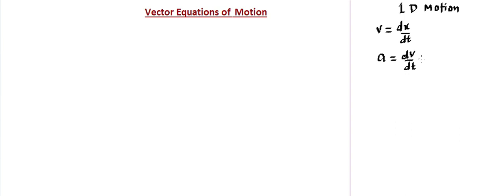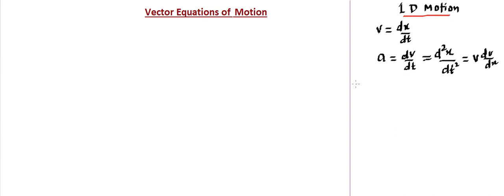Then we can rewrite this a as d2x upon dt2. We can also rewrite this acceleration as v dv by dx. So all these basic definitions are basically referring to two equations that are useful in one-dimensional motion.